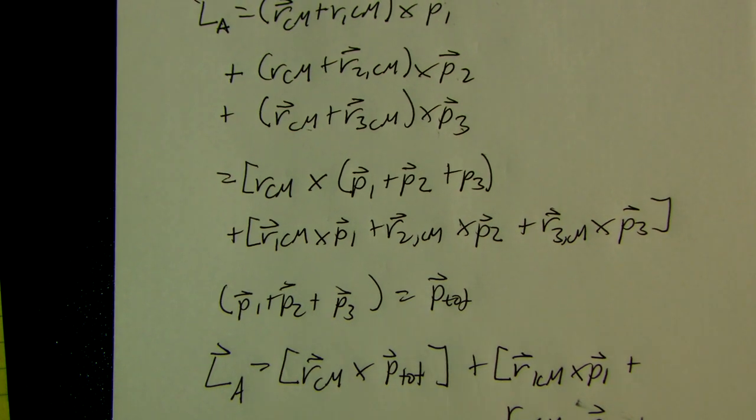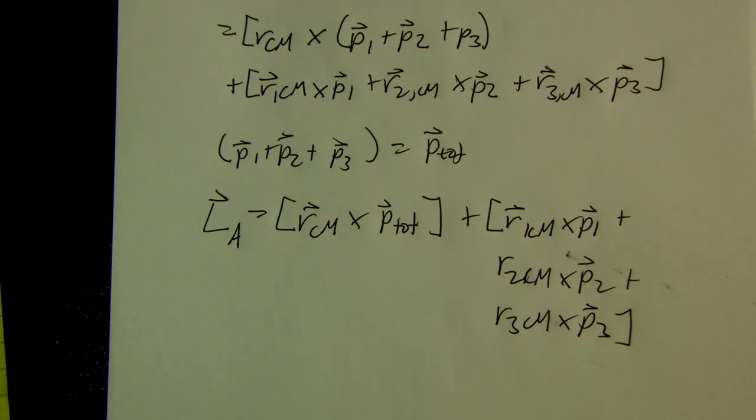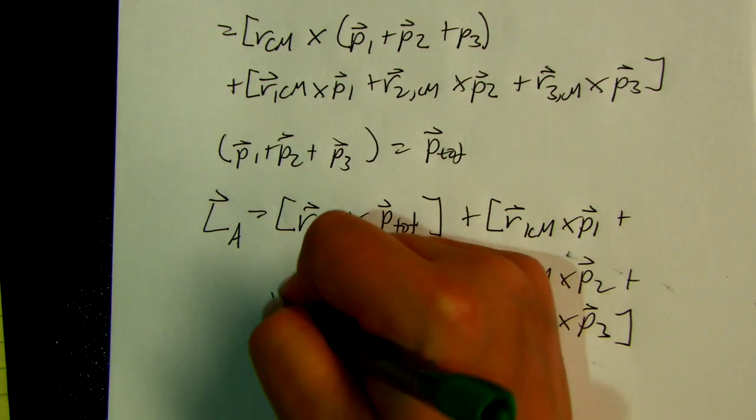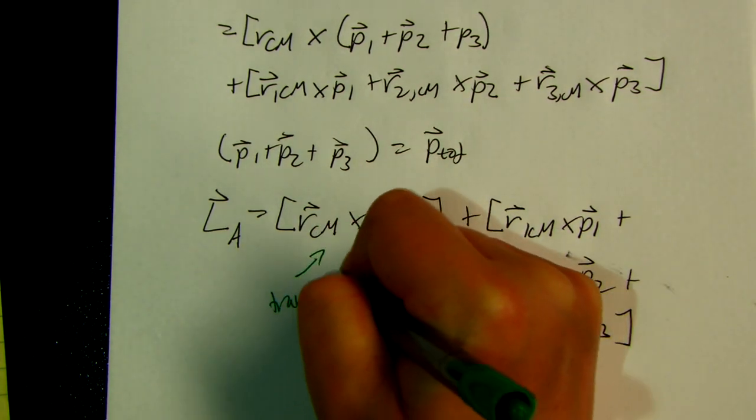And what we've seen here is that actually our angular momentum formula has broken down into two very nice parts. We've seen this already. This is translational.